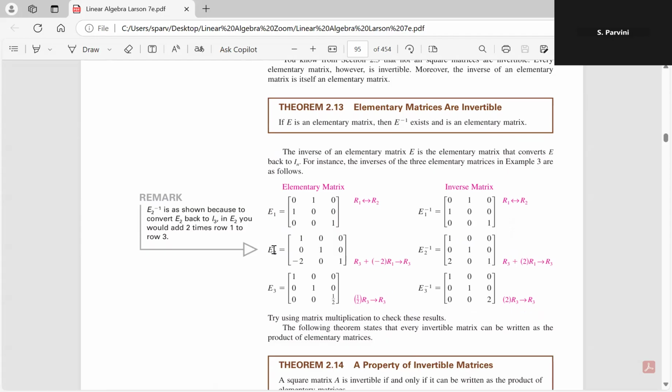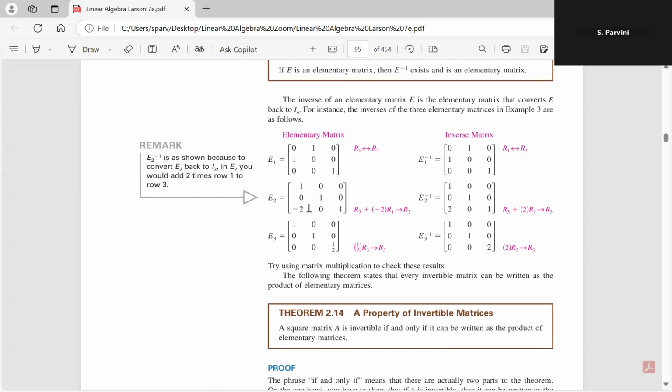This elementary matrix, it says, I got this matrix by multiplying -2 times row 1, adding it to row 3. So the inverse of this operation is going to be 2 times row 1 added to row 3. Notice the effect is to change -2 to 2 here. When you switch rows, you don't see a difference here. This one, you see a difference.